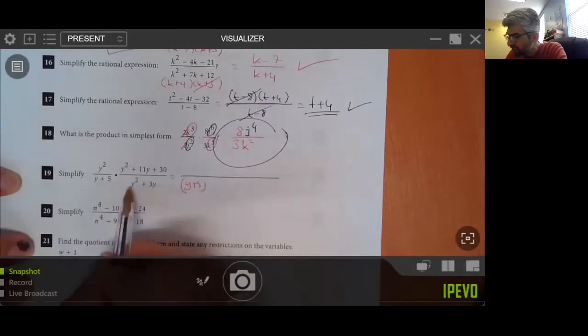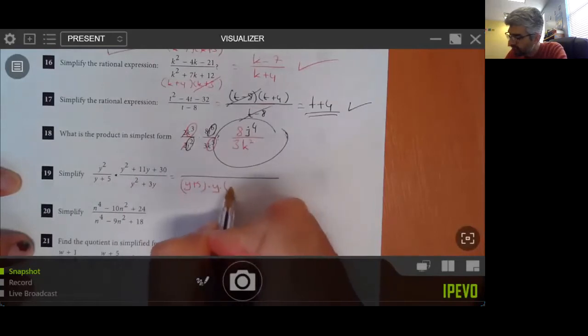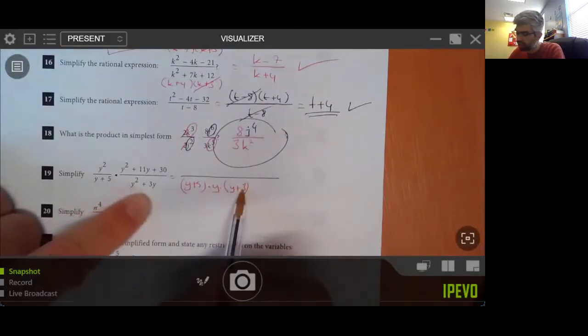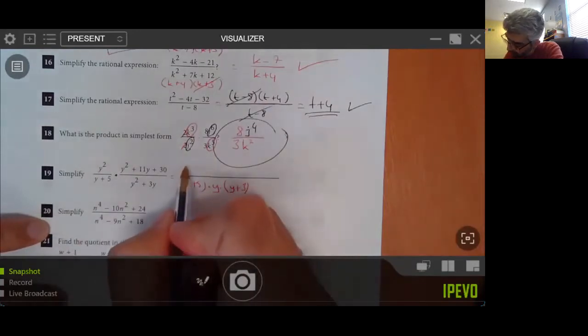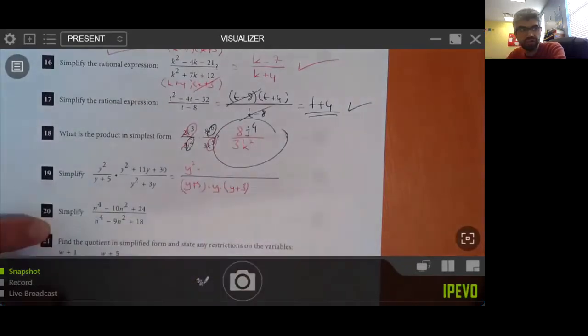Also, the common factor in these two terms is y, so I can write y times y plus 3. y times y is y squared, y times 3 is 3y. Okay, and here multiplication, but I don't multiply.